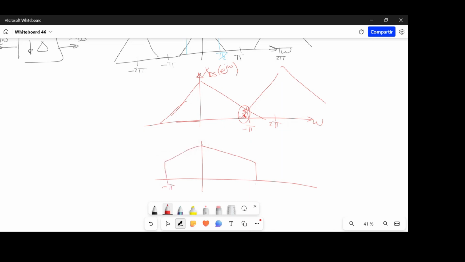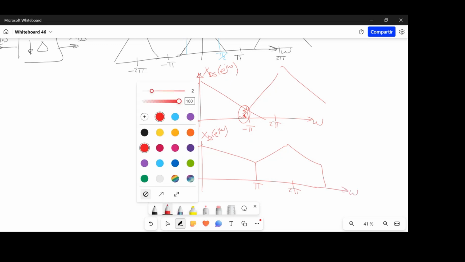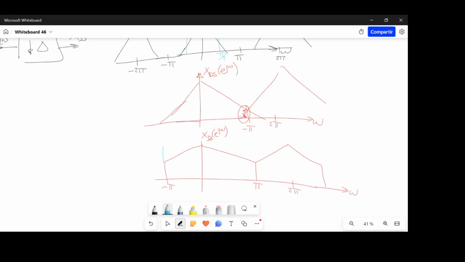It's fine. Then the anti-aliasing is this one. It's the filter and its frequency response. So this is the ideal anti-aliasing.